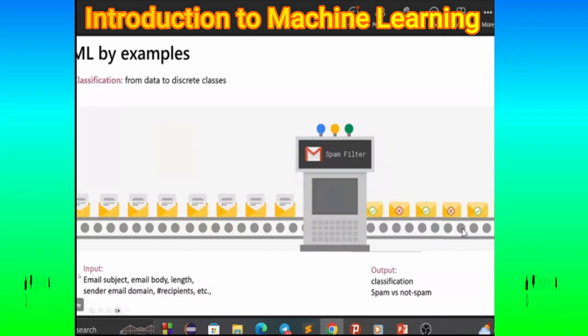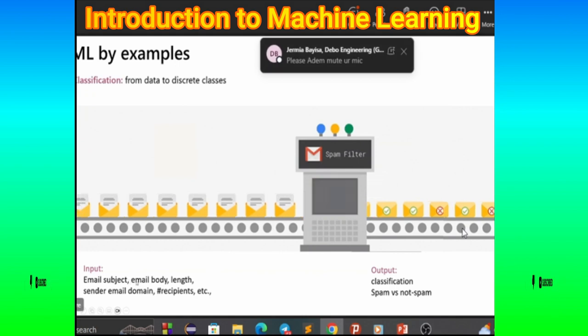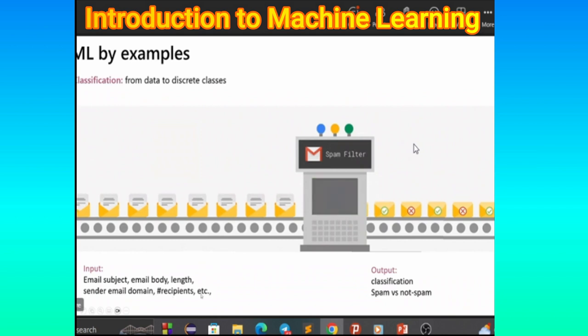As you can see, the input is the email subject, email body, the links, the sender email domain, and the number of recipients. We could have thousands of records about such details, thousands of email metadata, having these values. And then using this data, we train a computer, use a classification algorithm, and generate an output.